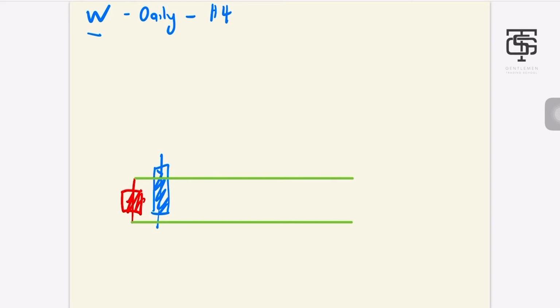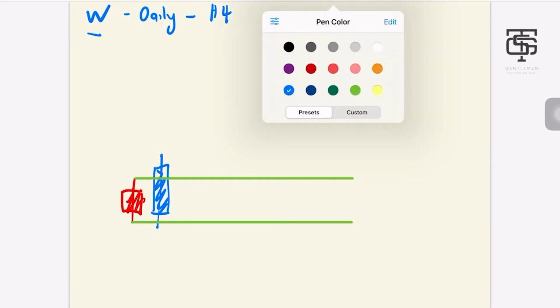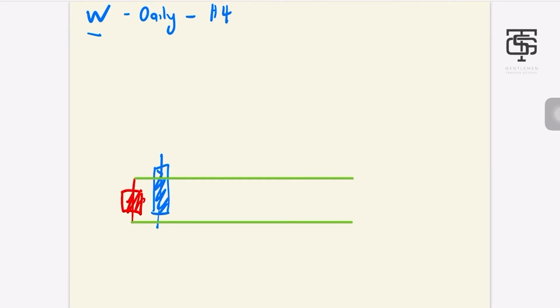The next thing it will create is a sideways that will happen like this. So there will be candlesticks moving around, still moving around, boom. What's going to happen next is that we anticipate price to enter the zone again like this. So we want price to come back into the zone.